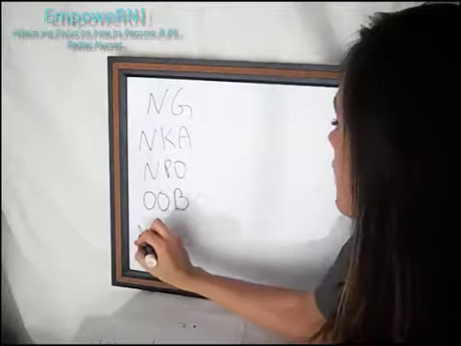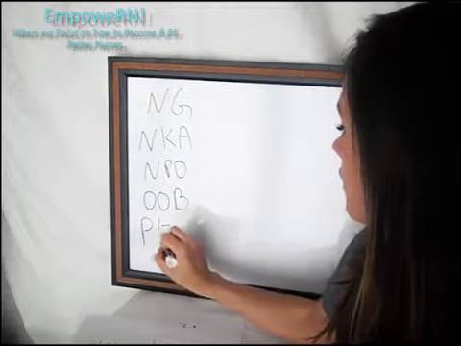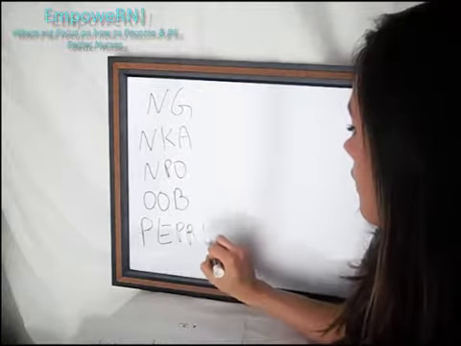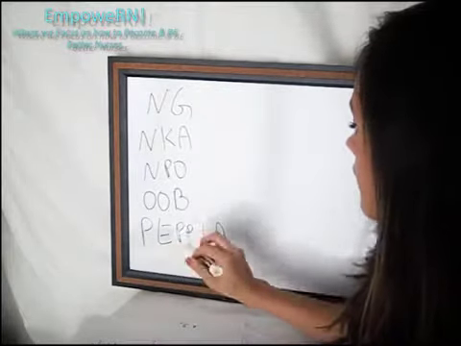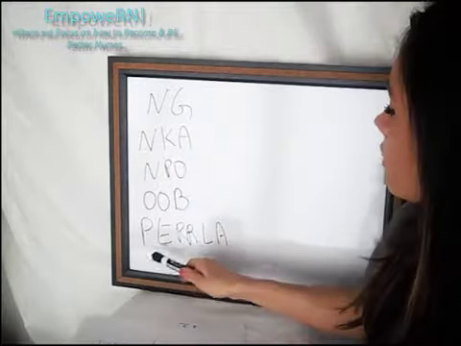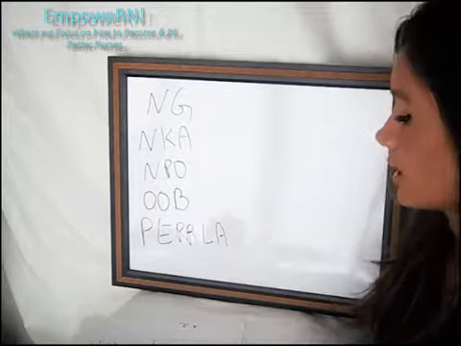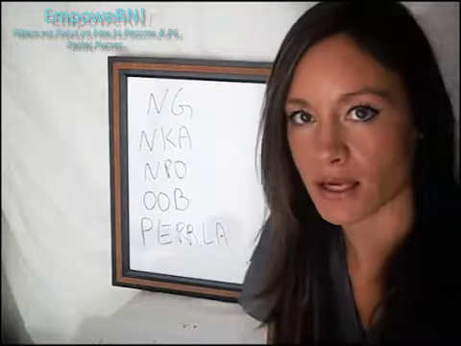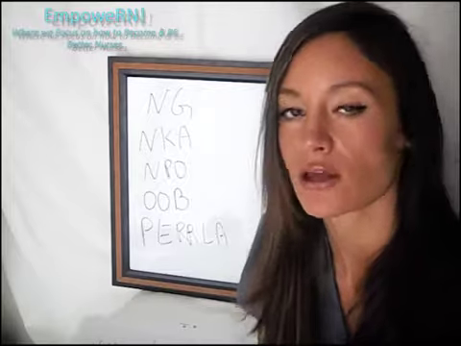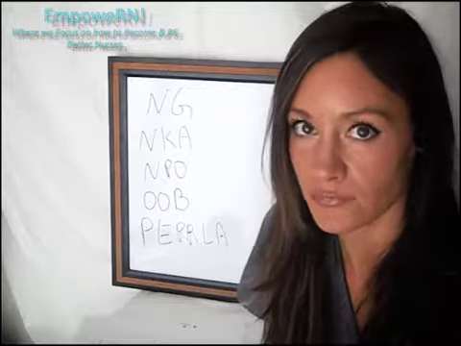This one you'll see a lot, PERRLA. I did that wrong. PERRLA. We also know that as PERRLA. Sorry. Pupils equal, round, and reactive to light and accommodation. So when you have a patient that has a change in their neurostatus, or whenever you're doing your daily assessment, you want to be assessing the pupils, because your pupils should be equal and reactive to light.